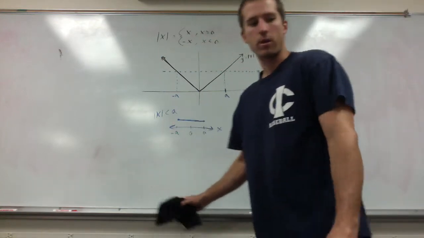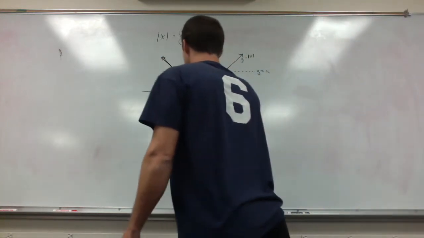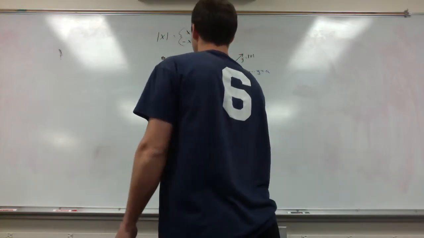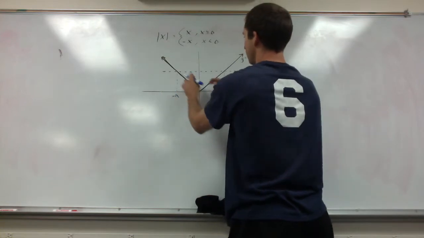Similarly, we go the other direction. If we wanted to know when the absolute value of x was greater than a, it'd just be everything that wasn't less than, so it's all this stuff out here rather than here.